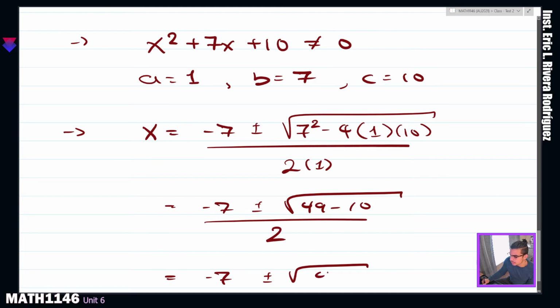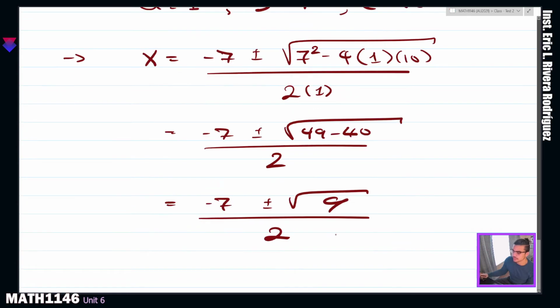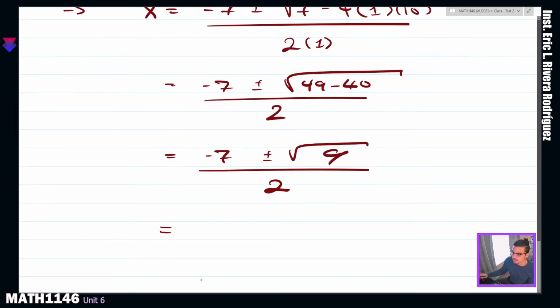So we have here 40. No, this is 40 here, and this is 9. Plus minus 3 over 2.